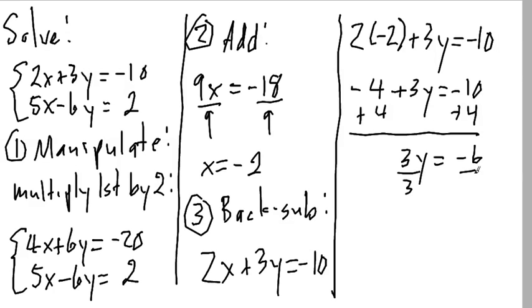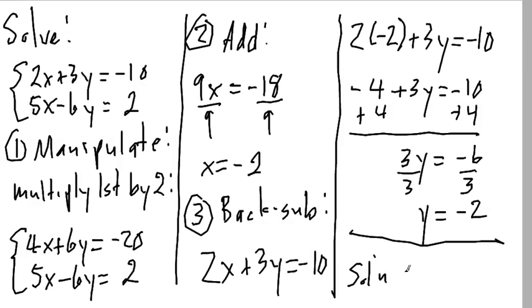I divide both sides by 3, and I get that y is equal to negative 2, and that tells me finally that my solution is x is equal to negative 2, y is equal to negative 2. Fantastic.